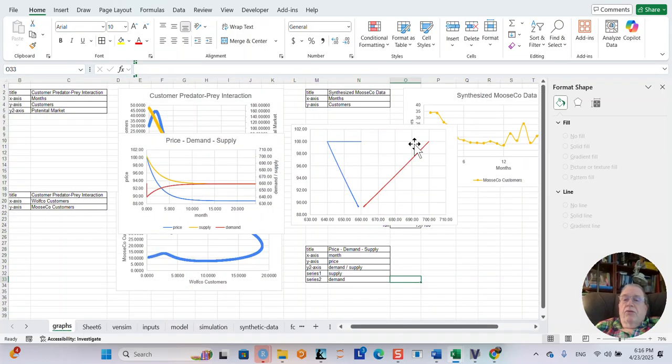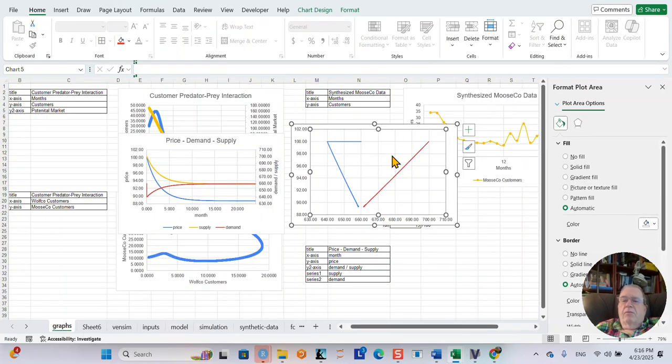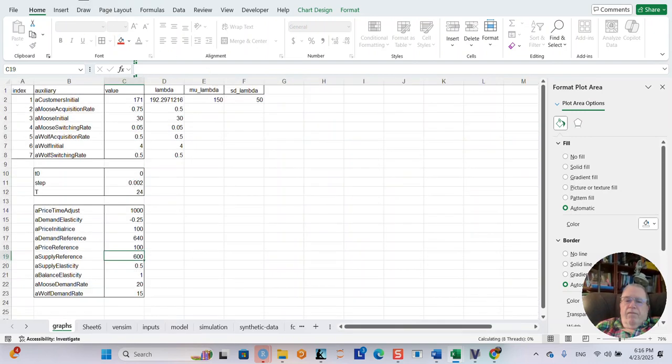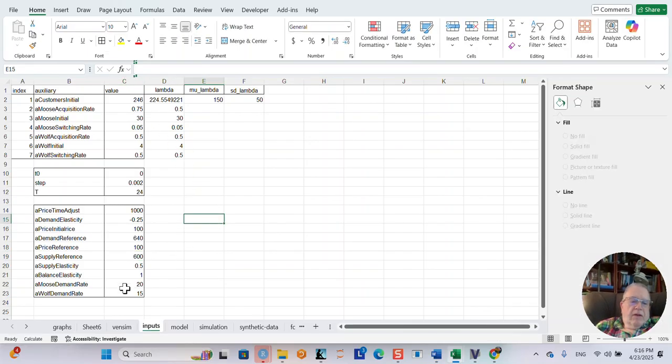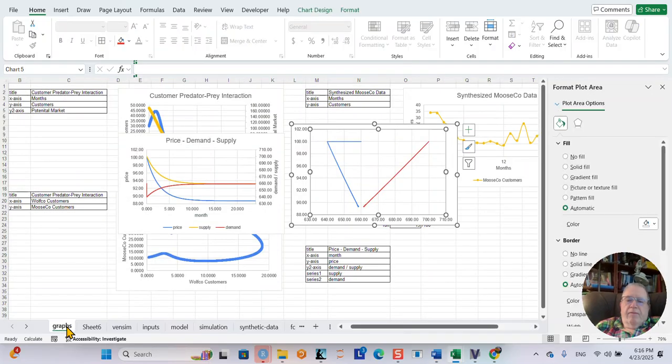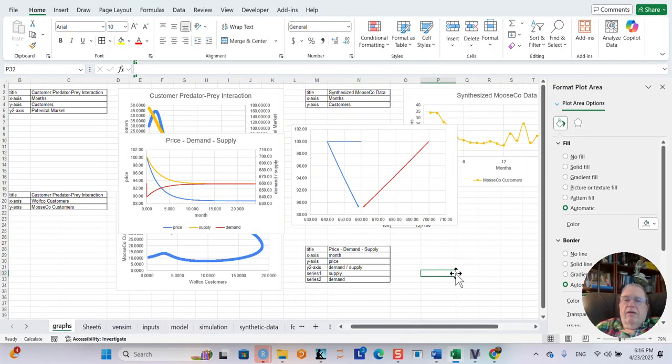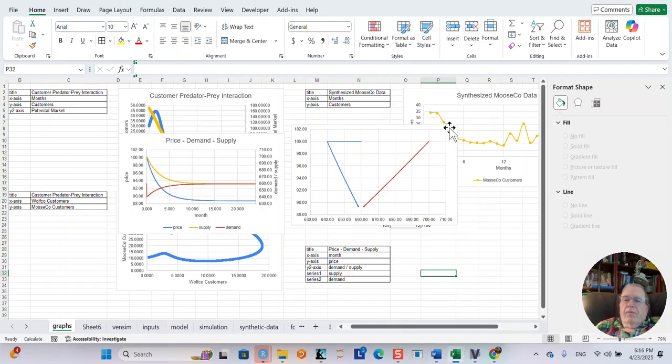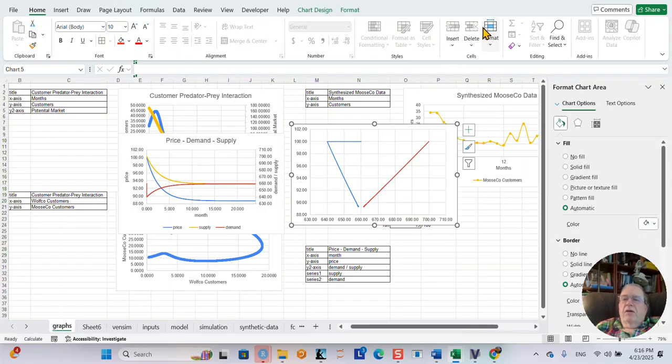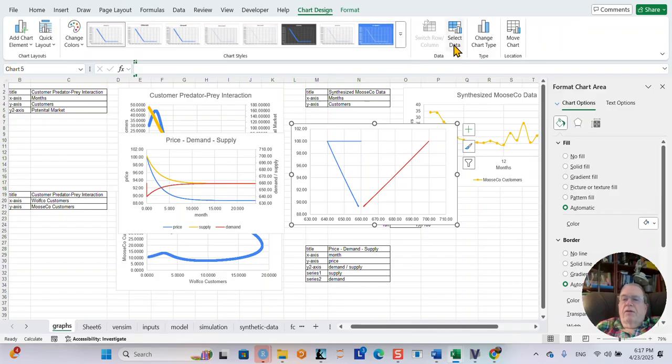to play around with. So I'm going to attempt to bring this back around. Let's see. Nope, still doesn't like that. And let me go back up here to chart design.